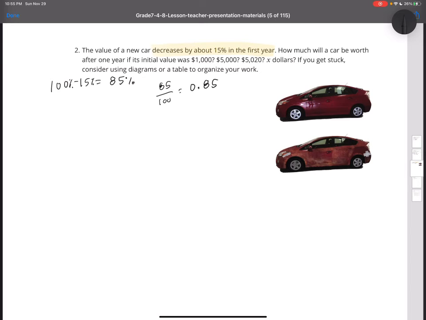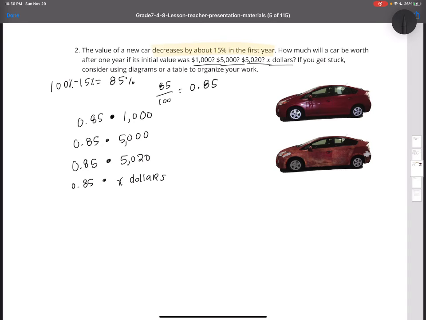Now, given any value, we're going to multiply 0.85 times the values that were given to us, which is 1,000, 0.85 times 5,000, 0.85 times 20,000, and 0.85 times X dollars.